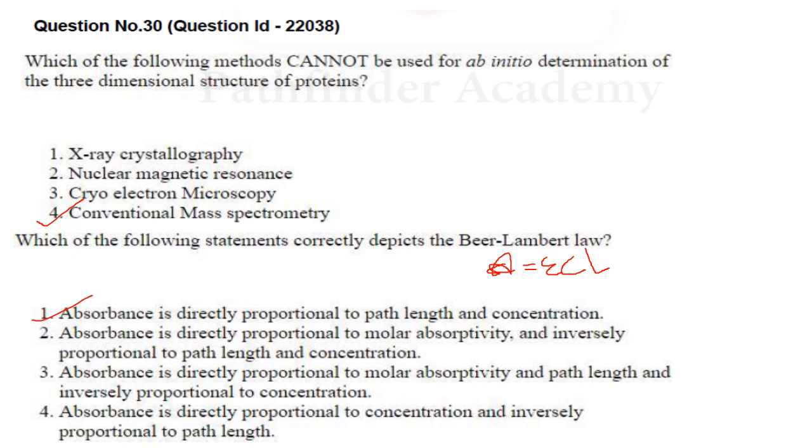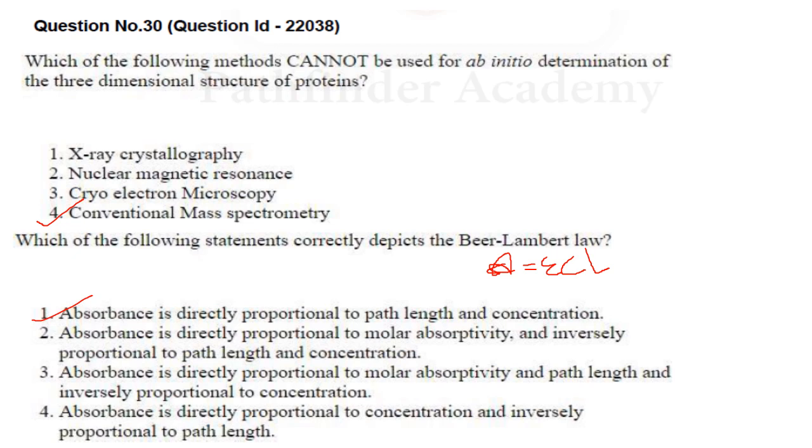Then which of the following statements correctly depicts the Beer-Lambert law? Absorbance is directly proportional to path length and concentration. A is equal to absorbance equal to epsilon Cl.